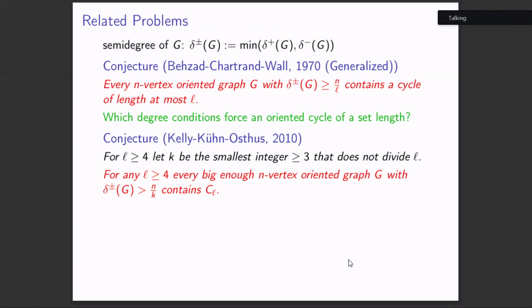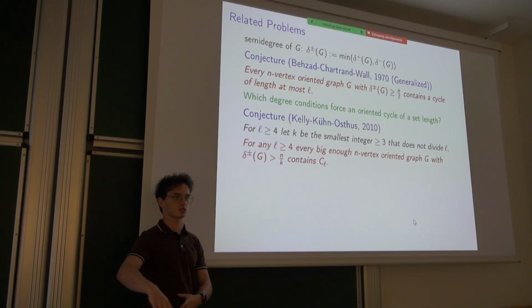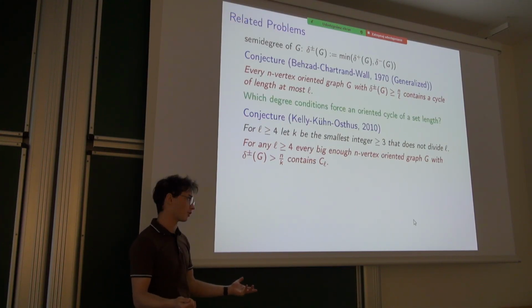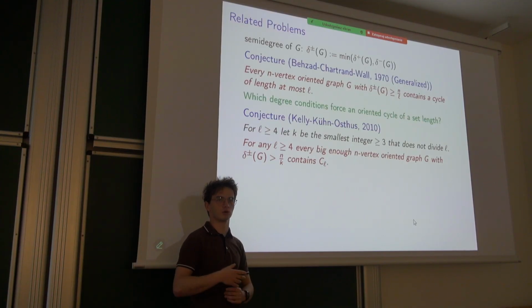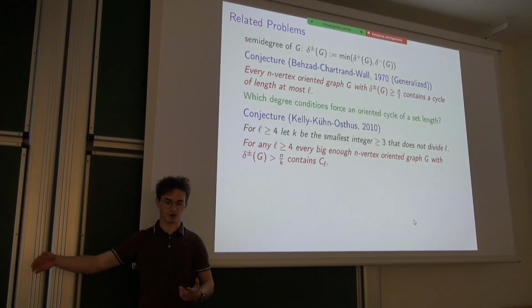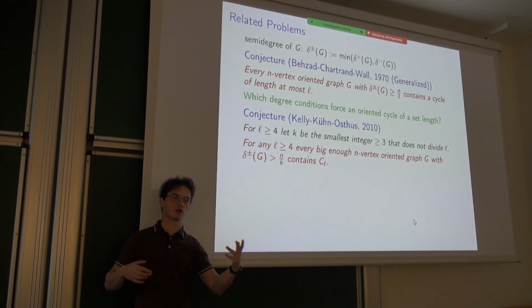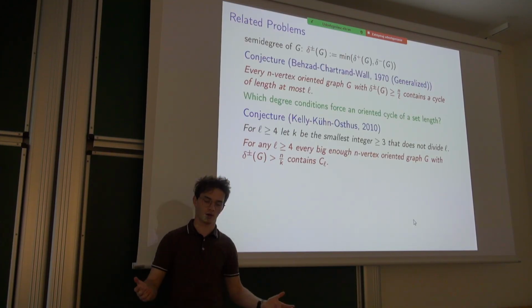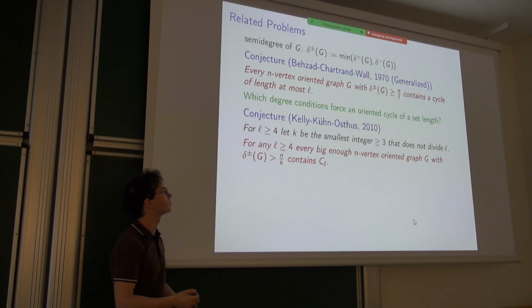Of course, we may look at L plus 1. A blow-up of a cycle of length L plus 1 does not contain a blow-up of CL, and it's pretty dense. The outdegree is pretty high. But we can do better. For example, if we want to forbid C100, I have a very dense graph which does not contain C100: a blow-up of C3 only contains multiples of 3.